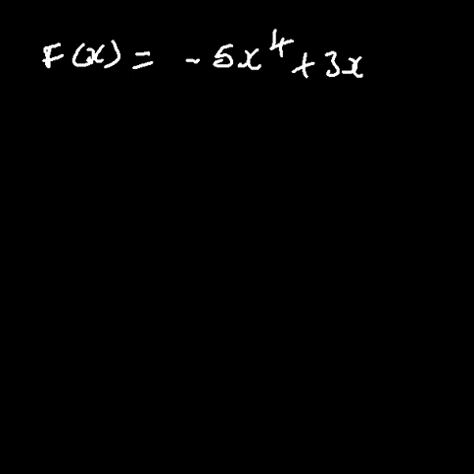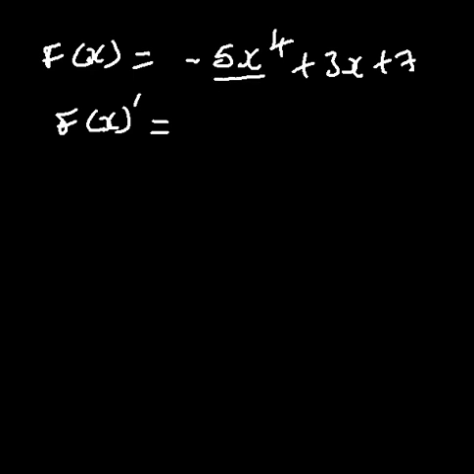Let's say we have f of x equal to negative 5x to the power 4 plus 3x plus 7. What is the derivative of this function? In this case, there is no need of rewriting because it is an open case.